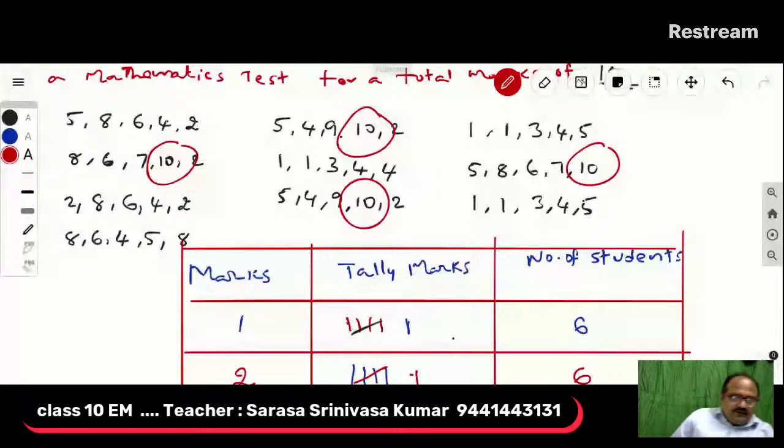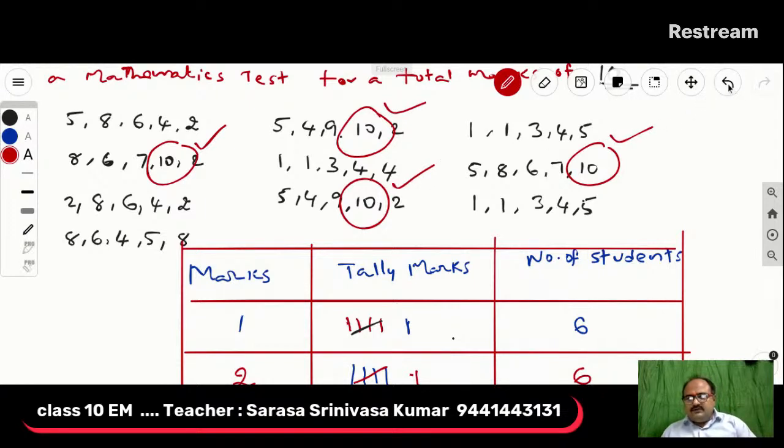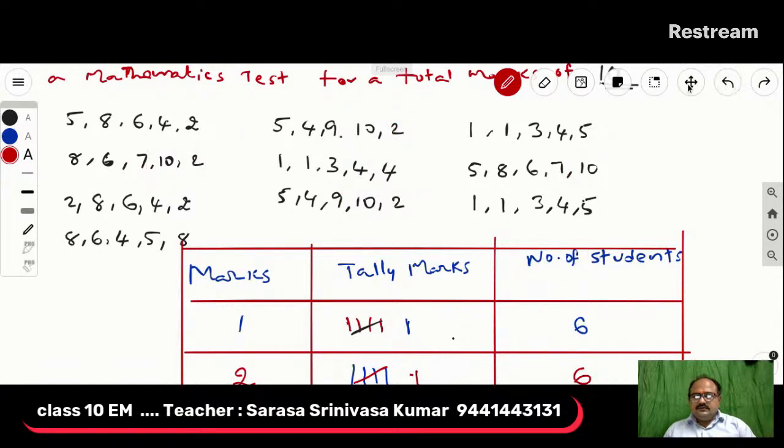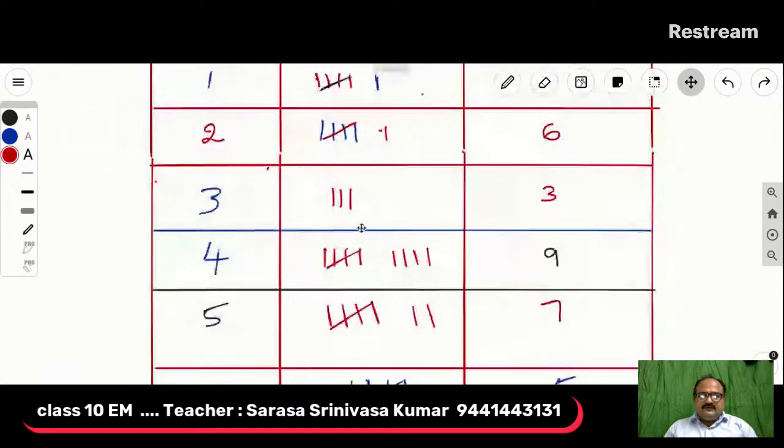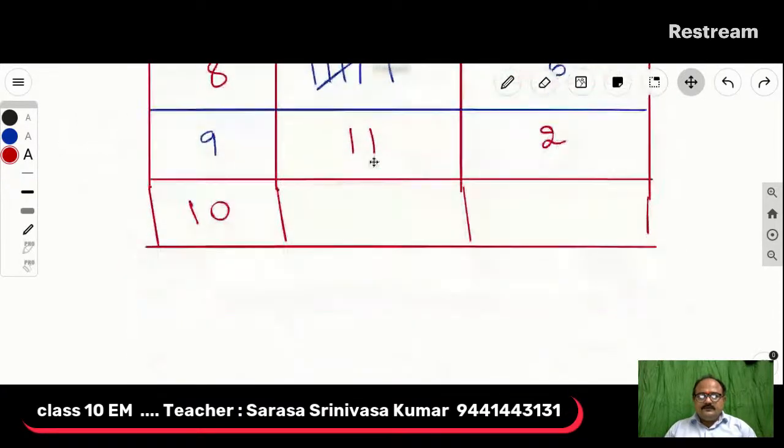So how many students got 10 marks? 1, 2, 3, 4. 4 students got 10 marks. How to write tally marks? 1, 2, 3, 4.